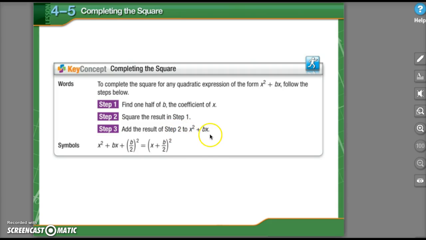And when you add that, that's kind of like the c value over here. So notice how they added it onto the end. So basically what you need to remember is that this last piece is b over 2 squared. And when you factor something like this as a perfect square trinomial, it factors into x plus b over 2 quantity squared.